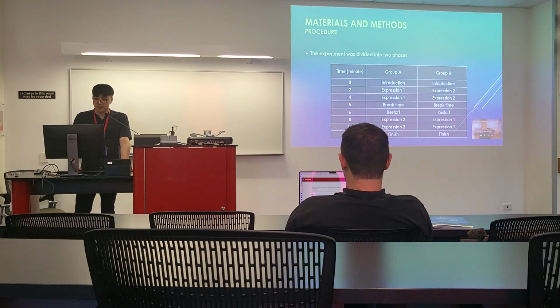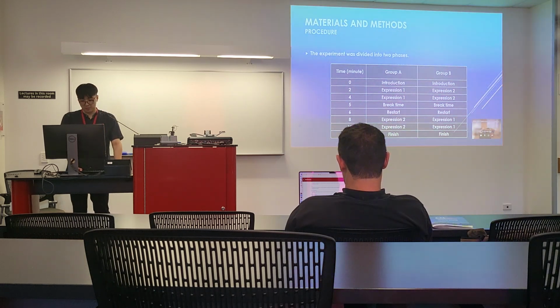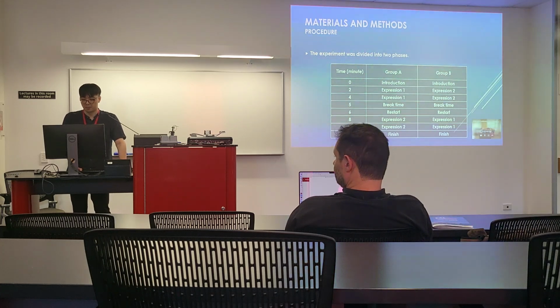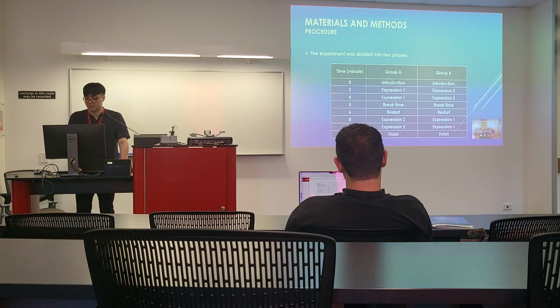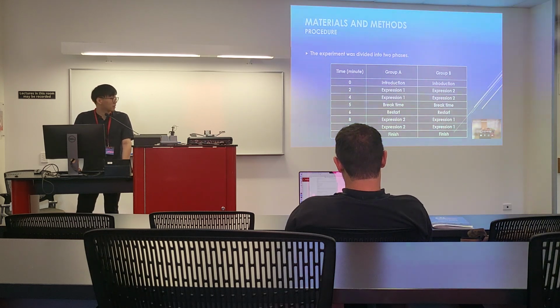The experiment was divided into two phases. The first is to observe the user's reaction in relation to the robot's intonation, and the second is to observe the user's reaction to positive and negative language.